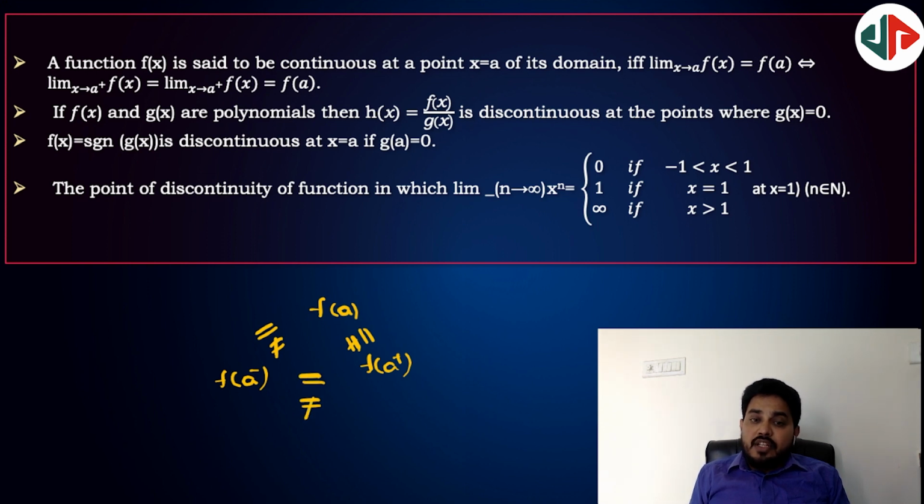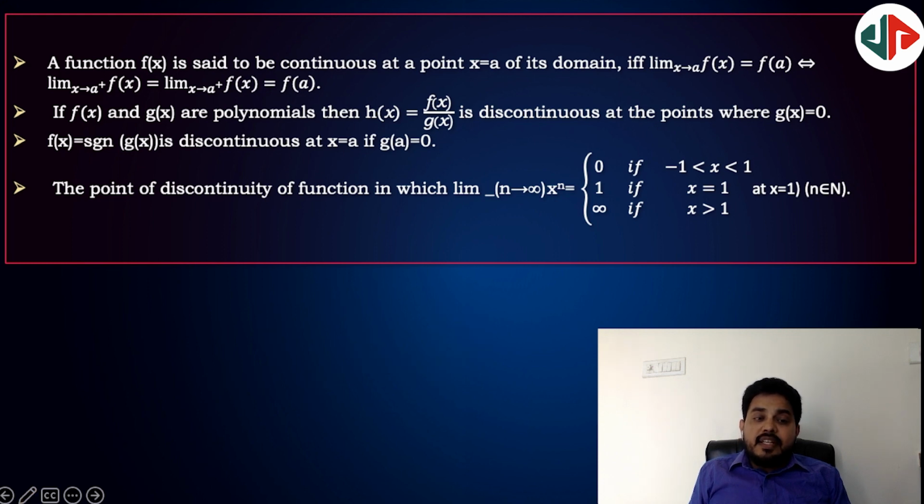So every vertex, there are 8 possibilities. Among 8 possibilities, only one possibility is continuous. The remaining 7 possibilities are discontinuous. So types of discontinuity we'll discuss: removable discontinuity and jump discontinuity, missing point discontinuity, etc.